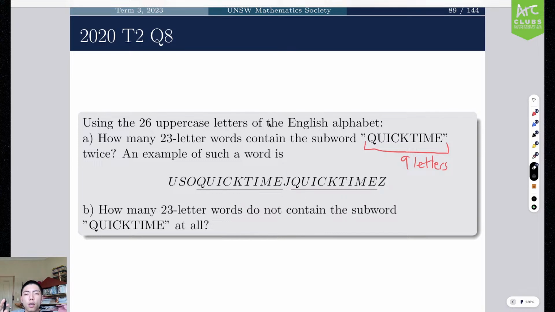Now, this is already included in the cases where QuickTime appears once, right? Because if it appears twice, then obviously it would appear once. And then it just so happened to be that, let's say if we picked this one as the one where we forced QuickTime to appear, then there would be 1, 2, 3, 4, 5, 6, 7, 8, 9, 10, 11, 12, 13, 14 letters left over.